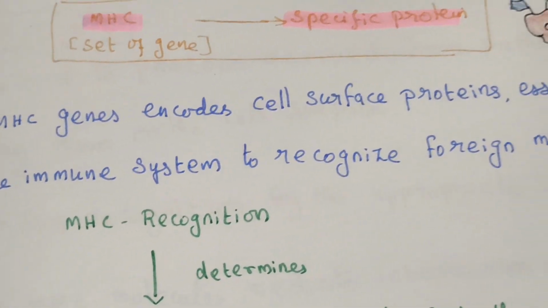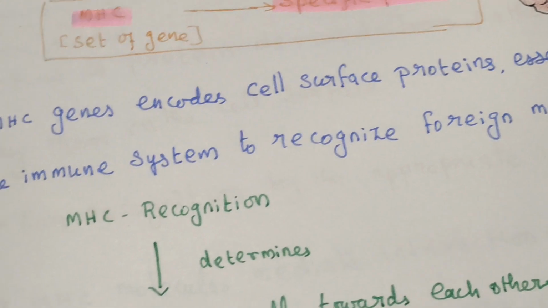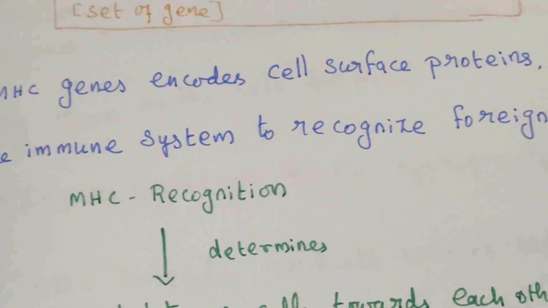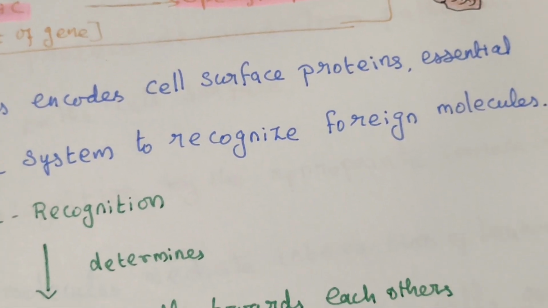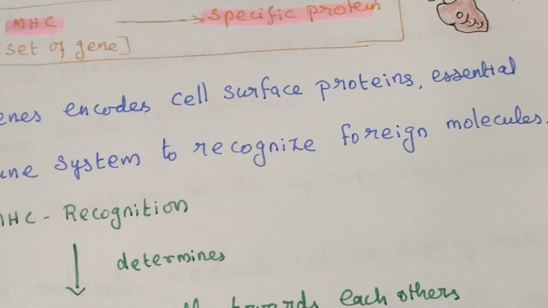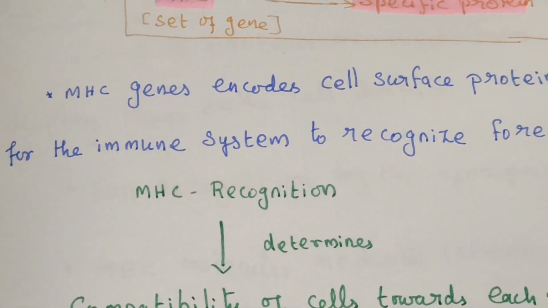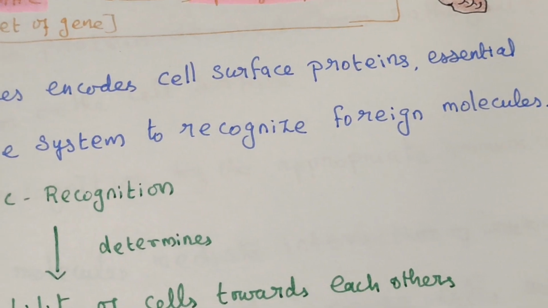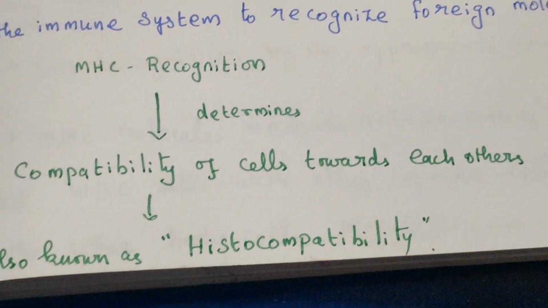MHC genes encode cell surface proteins essential for the immune system to recognize foreign molecules.